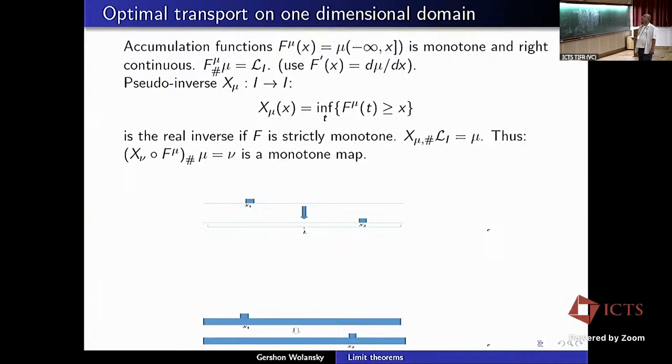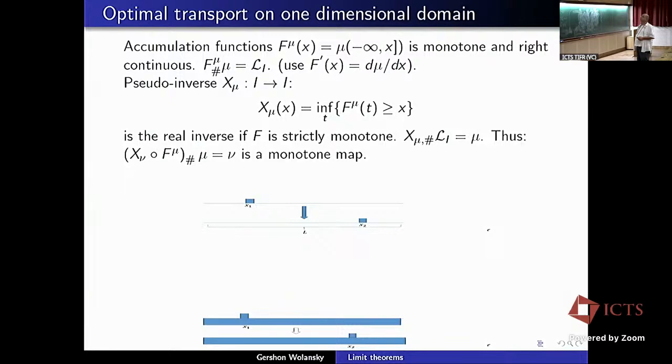So what do we have in this case? If we are on an ordered interval, then we can define the accumulation function. Actually, I remember two days ago I mentioned it when I claimed that we can find a matching between any two probability measures on the line. So I remind it again. We take the accumulation function. This is the measure of the semi-closed interval from minus infinity to x, and it's a monotone, right continuous function.